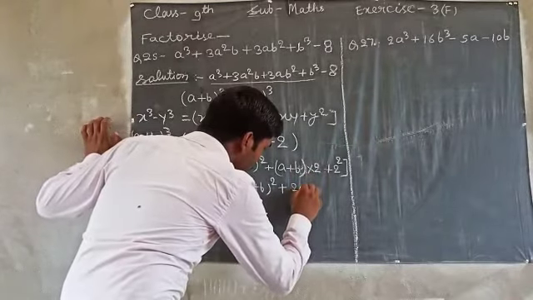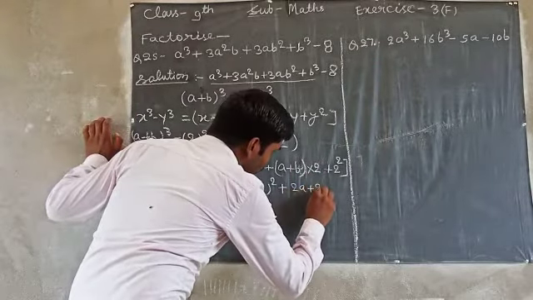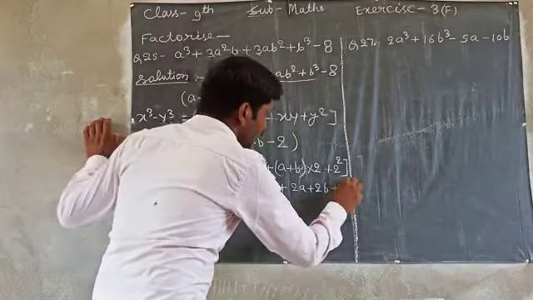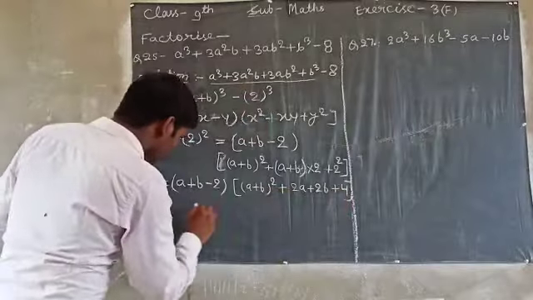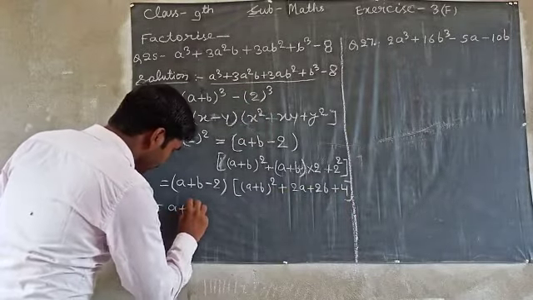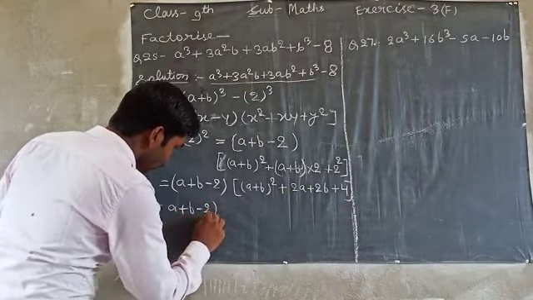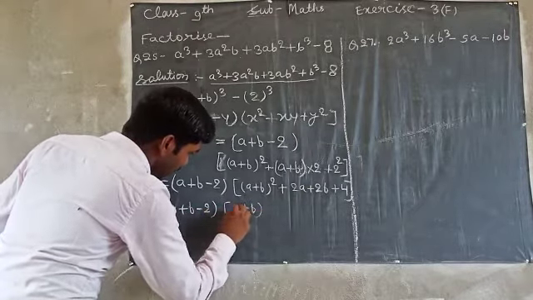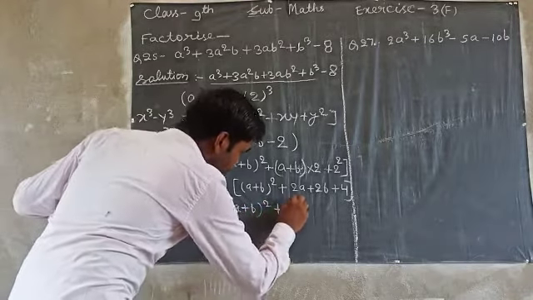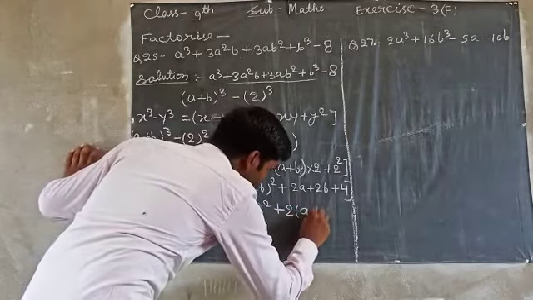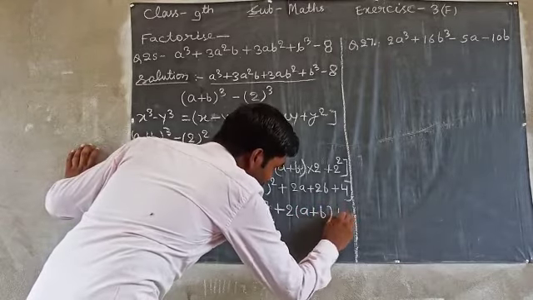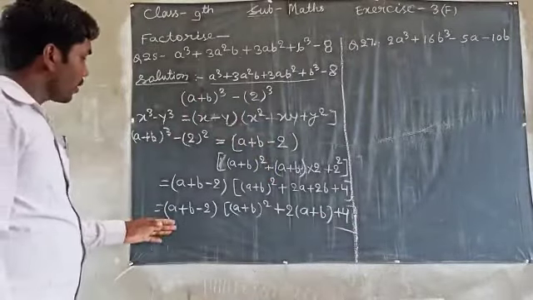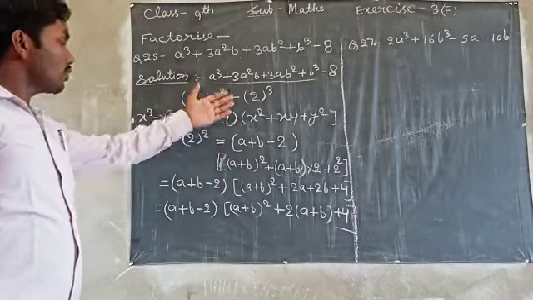You can see here 2a plus 2b plus 4, or (a plus b minus 2) times (a plus b) whole square, and here we can take 2 common, so 2(a plus b), and plus 4. So this is the factor of this question.